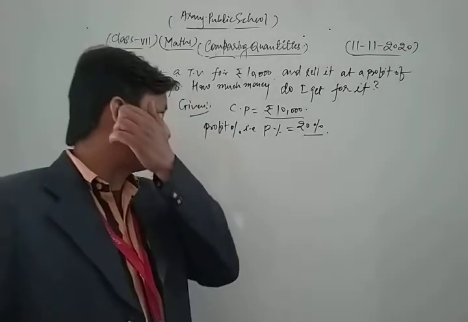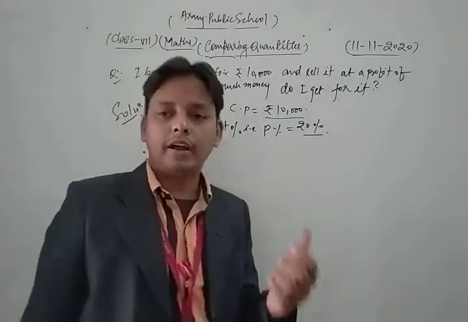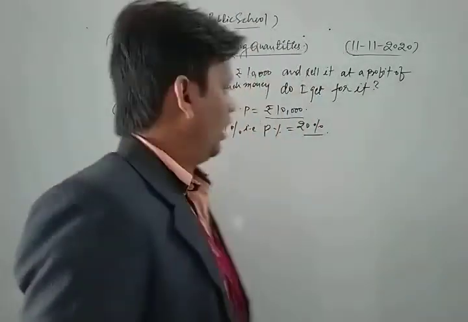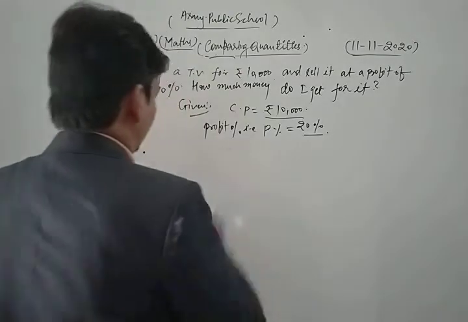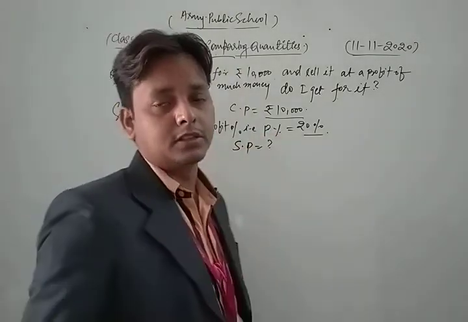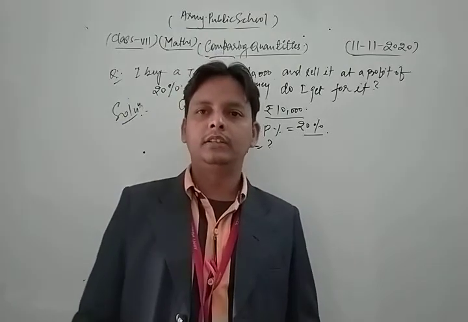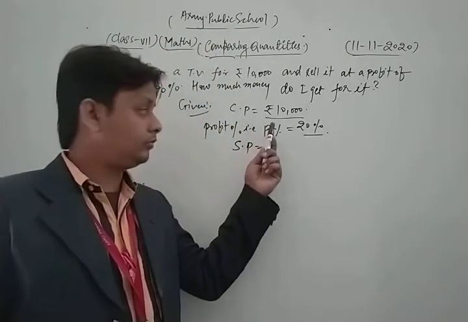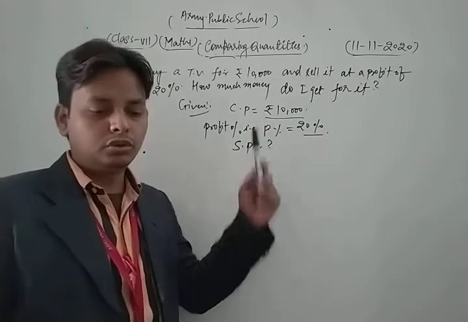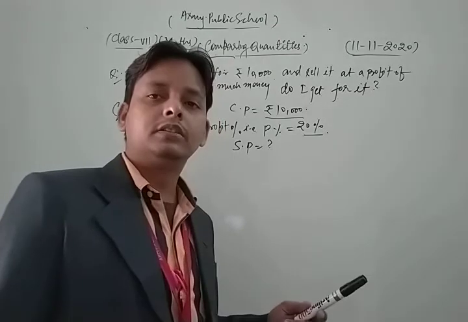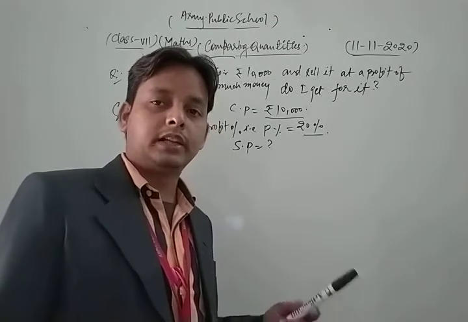Now, how much money do I get for it? We find the selling price of that object. In that question, cost price and profit percent are given, so we apply the formula for selling price.